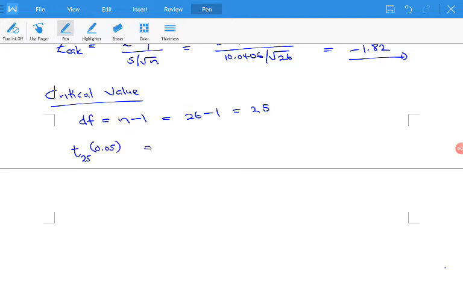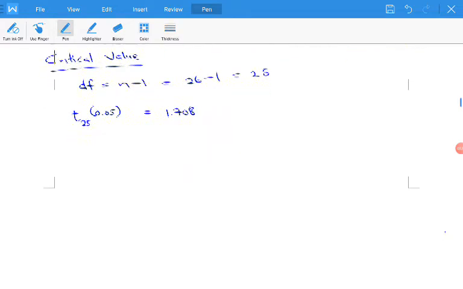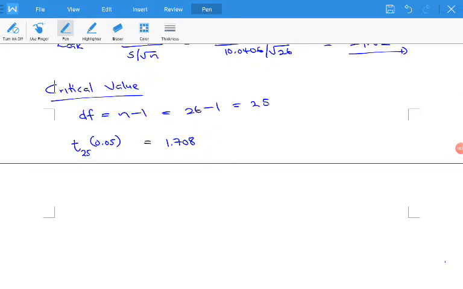So this is equal to, let me check my tables, 1.708.